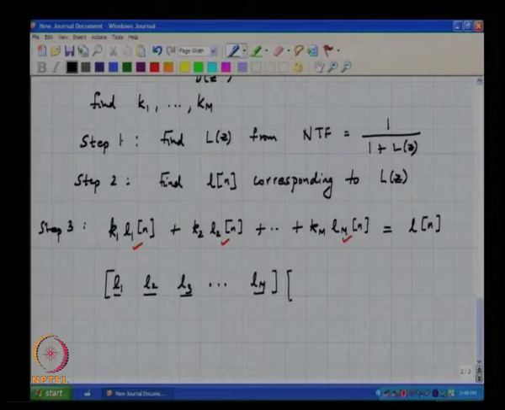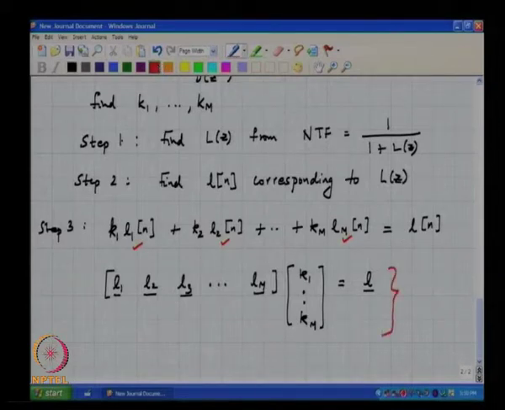times K1 through Km equals L. And so, in principle how many equations are there?